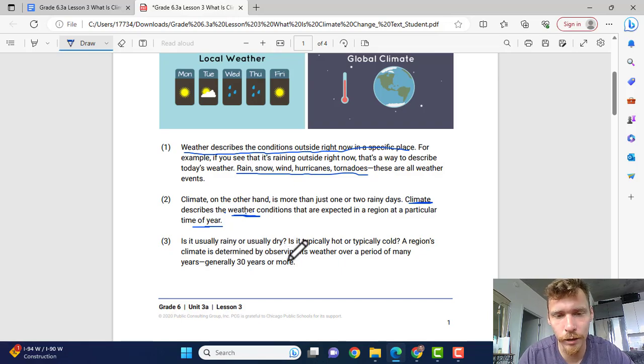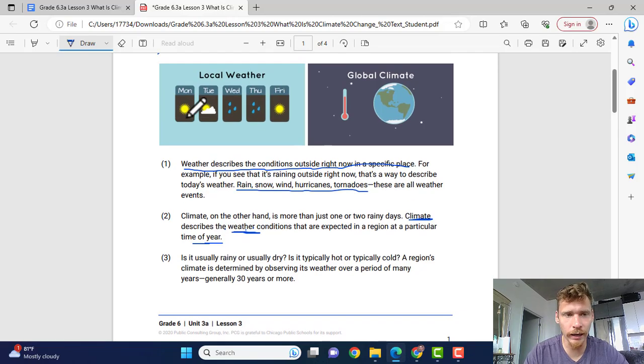All right, so I'm going to stop here and think aloud about what I think the central idea is. So in paragraph 1, we saw what weather is, and that is the conditions that are happening right now. And in the second paragraph, we see that climate is like weather, but it is over a longer period of time, like a year.